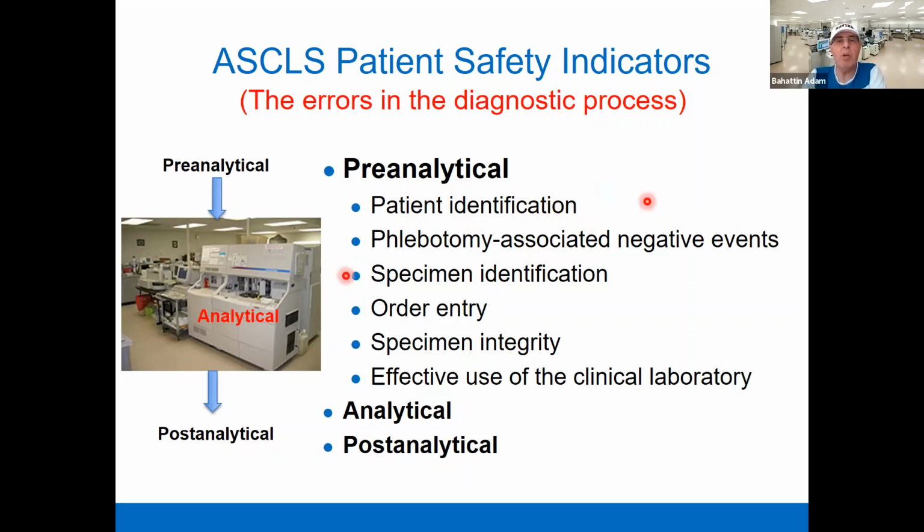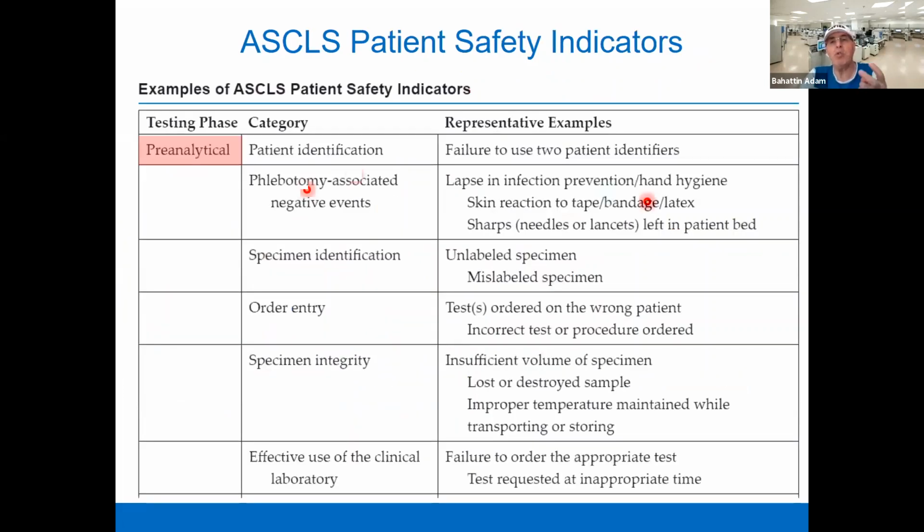Okay, and now I am going to show you in these tables. As you see, patient identification means failure to use two patient identifiers, or phlebotomy-associated negative events such as lapse in infection prevention, failure of hand hygiene, skin reaction to tape, or sharps that we leave in the patient's bed.